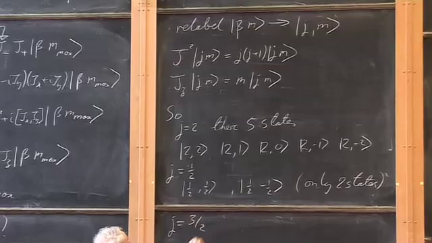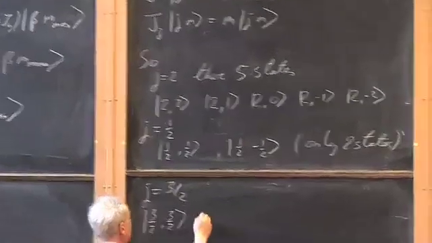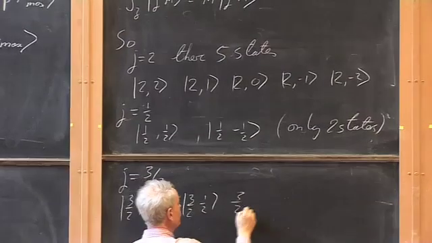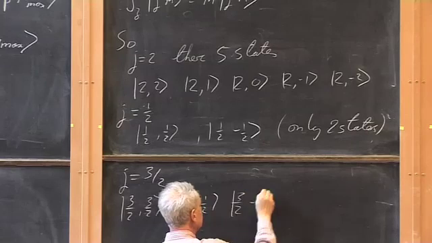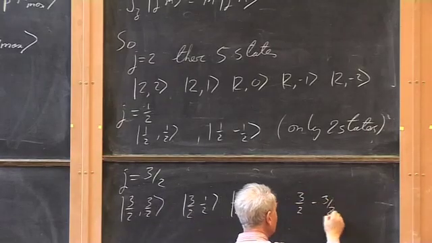In the 3 halves case, we would have 3 halves, 1 half, minus 1 half, and minus 3 halves. We would have 4 possible orientations.